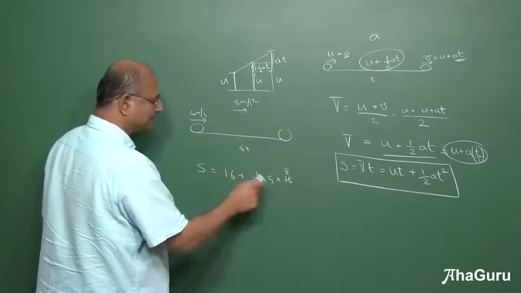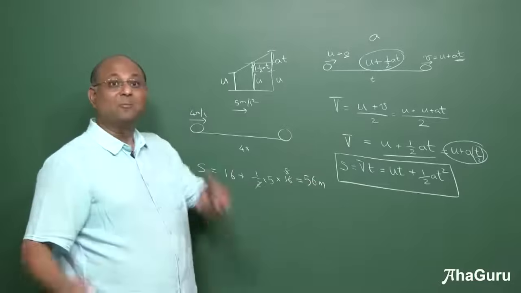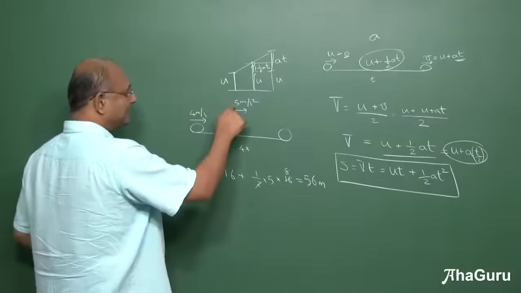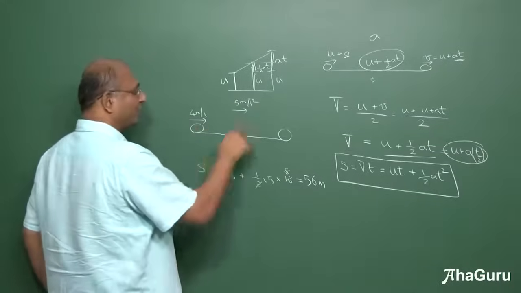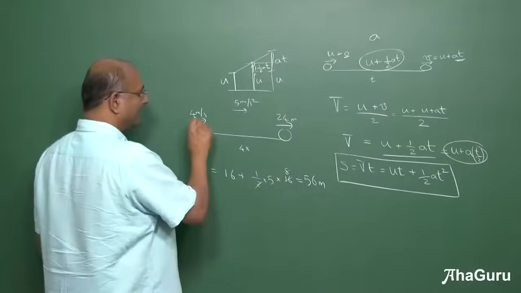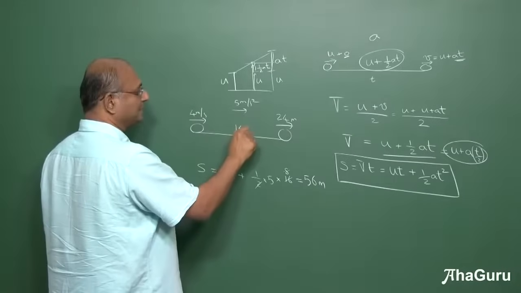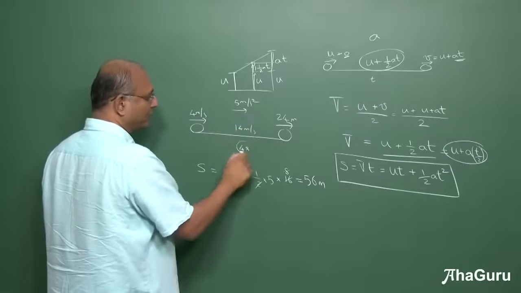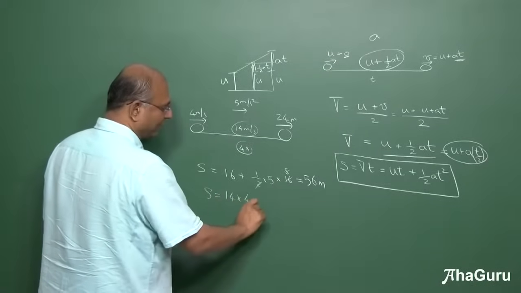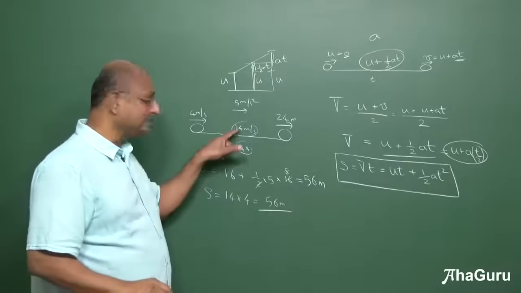So this is 40 plus 16, 56 meters. But I like to use u plus v by 2, that is much better. Let us see, 20 plus 4, 24. Average velocity, 28 by 2, 14 meters per second. 14 into 4, displacement is 14 into 4, well, that is 56 meters. Which do you think is easier? I think this is easier.